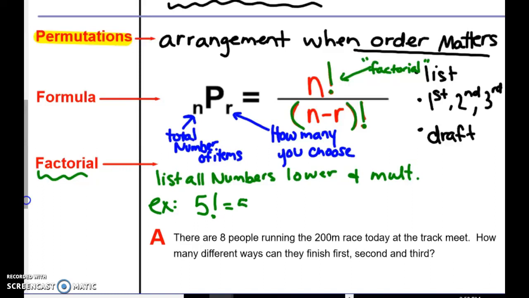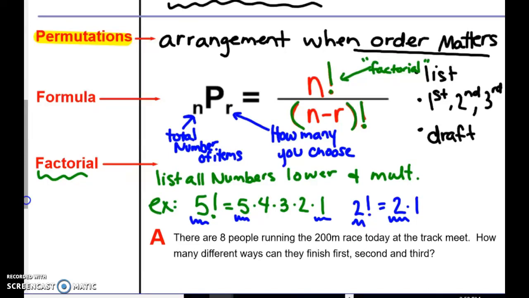That equals 5 times 4 times 3 times 2 times 1. Another example could be like 2 factorial. That would equal 2 times 1. This is your starting number, and you do every number lower until you get to 1. We started at 5, we multiply until we get to 1. And then you just put it in your calculator and calculate.